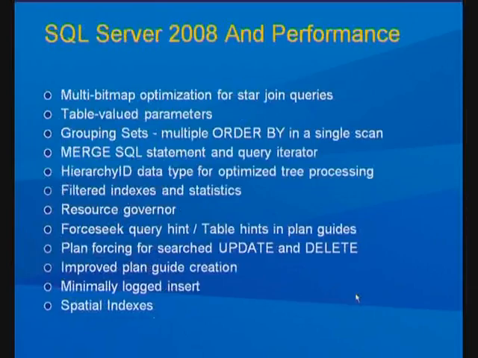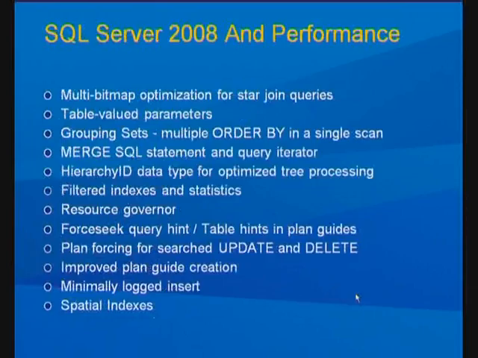Hierarchy ID can optimize hierarchical queries. And this is a .NET-based data type, but basically it uses the same type of tree processing that the XML data type does without the requirement of XML. So it's a hierarchical data type, doesn't need XML.